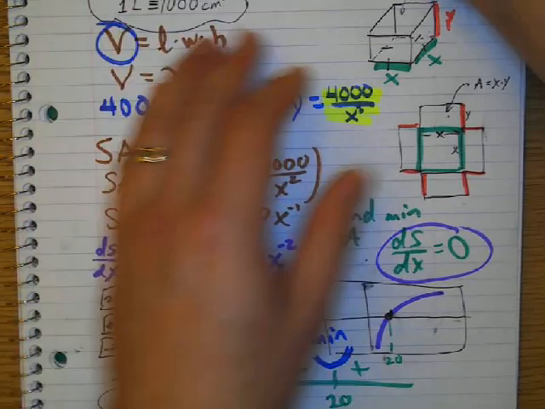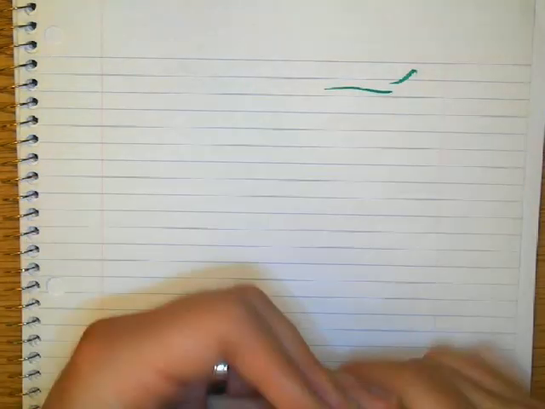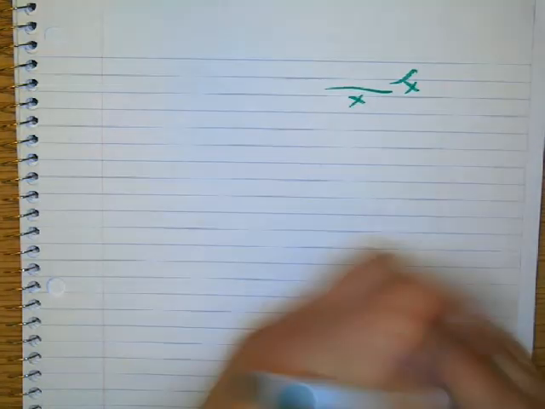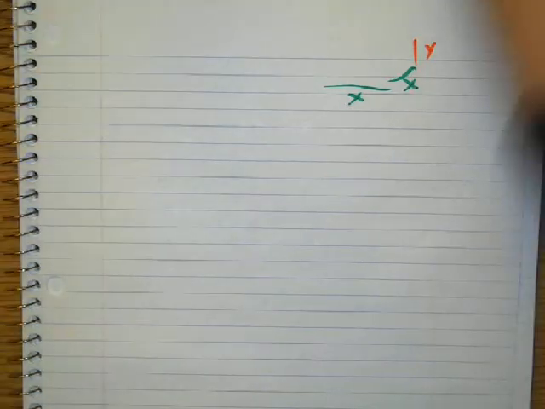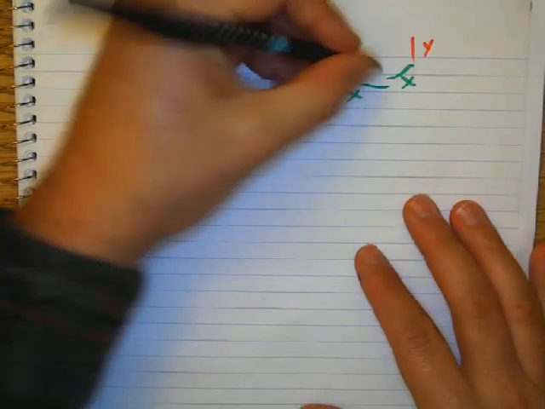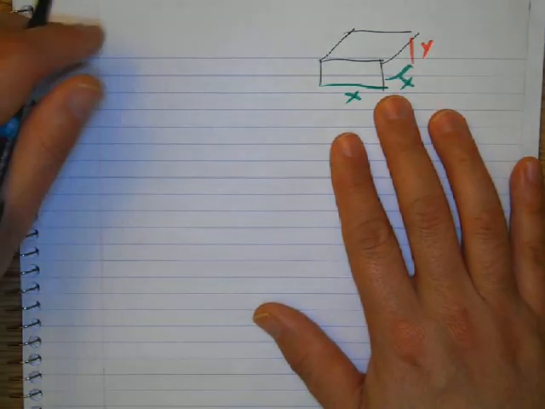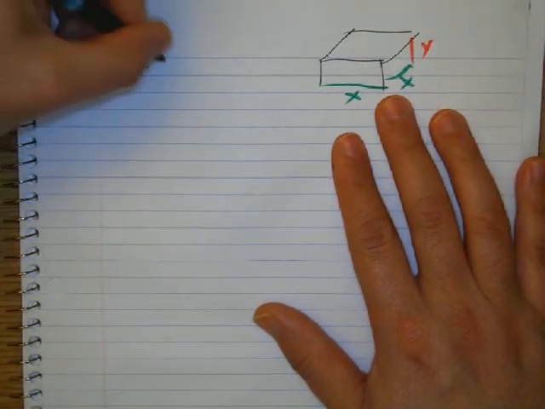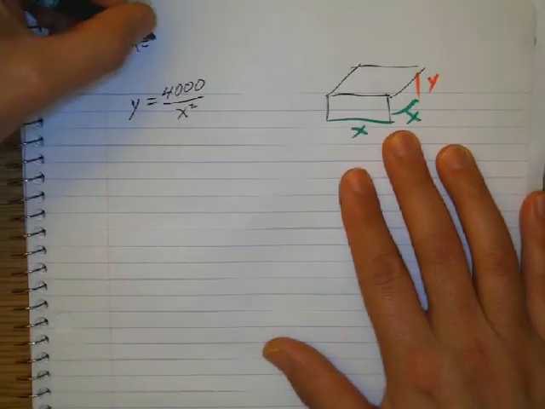So since we know here's my box, right? Okay, on the previous page, we said that y equals 4,000 over x squared, and we just said x equals 20, right?